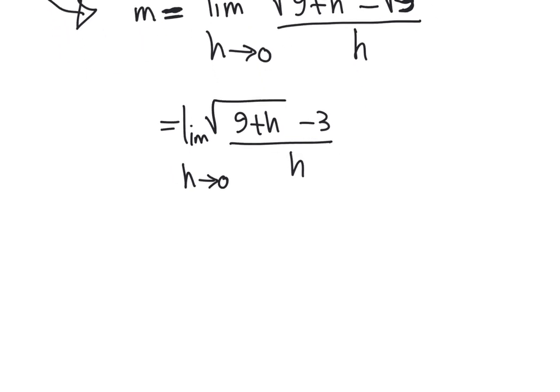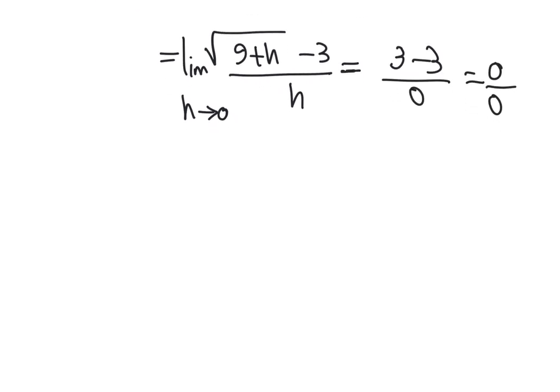If you remember the last lesson, this case is indeterminate. How do we know it's indeterminate? Because when you plug 0 in this fraction, you will get 3 minus 3 over 0, which is 0 over 0, an indeterminate form.